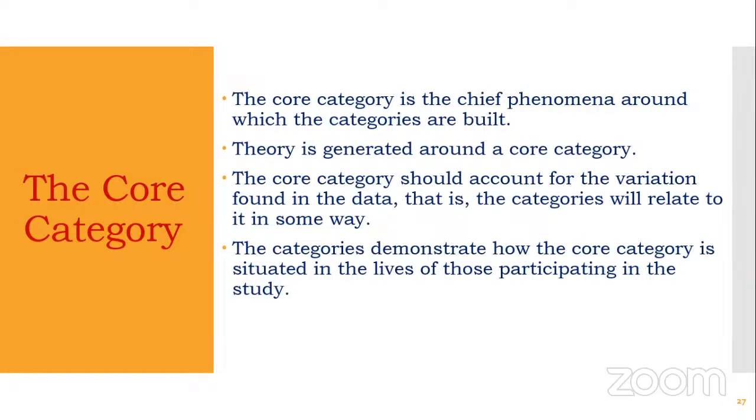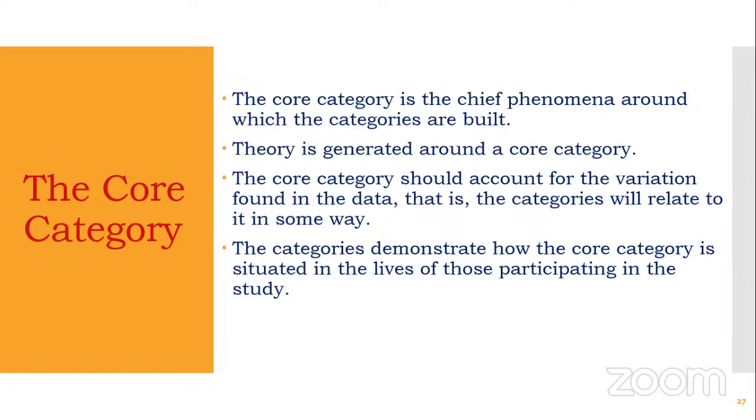Because the core category talks about the chief phenomenon which is happening within the theory. Once the core category is identified, it becomes easier for us to develop the theory, because then the related subcategories are also identified, and the relationships among these categories and subcategories are identified, and the theory is generated.